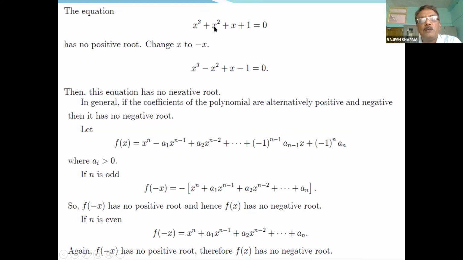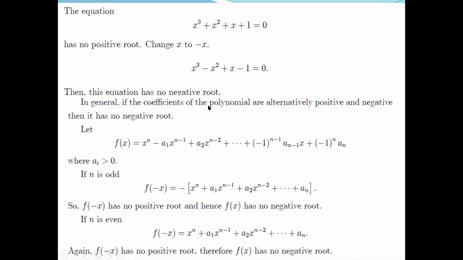Because if it had a positive root, then this sum would come out strictly greater than 0. Now if we change x to minus x and multiply by minus 1, we get the equation x cube minus x square plus x minus 1 is equal to 0. If the first equation has no positive root, this means this equation has no negative root. Hear this? Yes, sir.